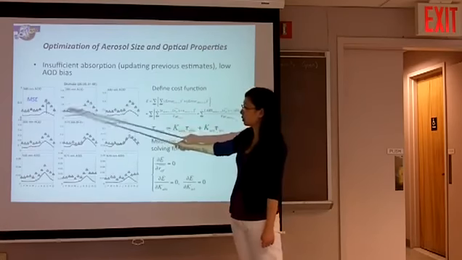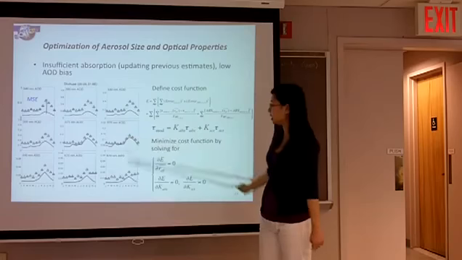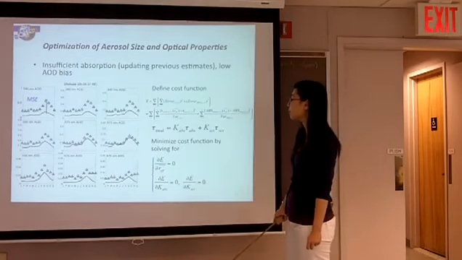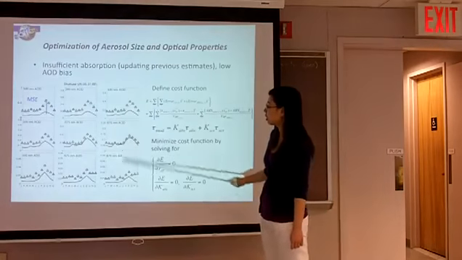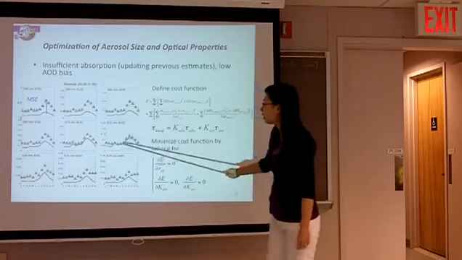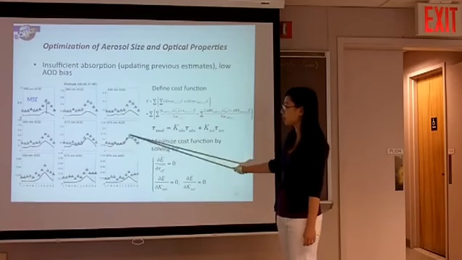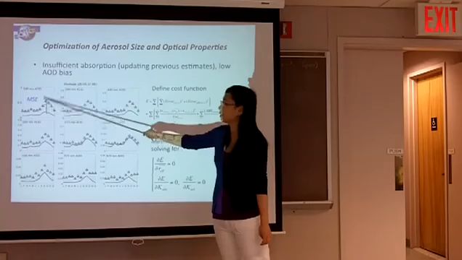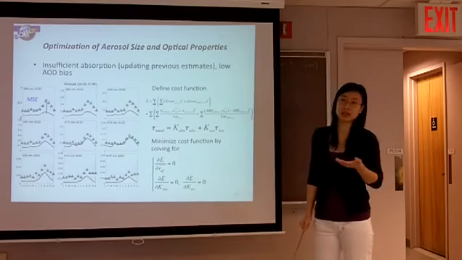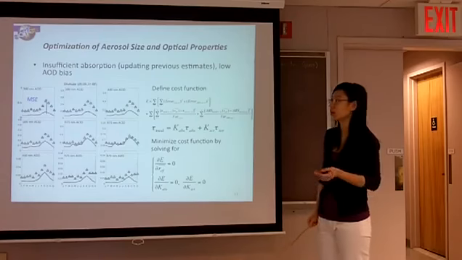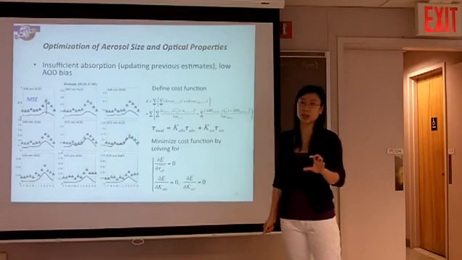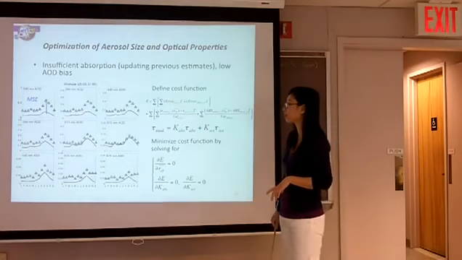This is for different wavelengths from 340 to 870, and these three are absorption optical depth. This comparison shows that our tau at the longer wavelength seems okay compared with AERONET, but it's very low at the shorter wavelength. So that suggests a shallower slope of tau, which corresponds to a larger aerosol size used in the model.